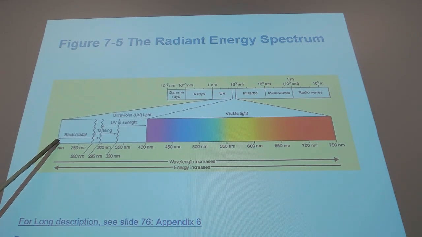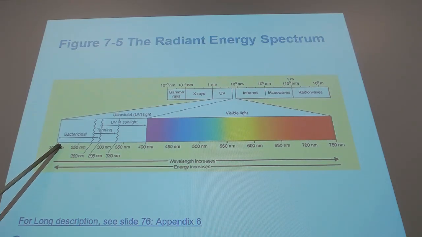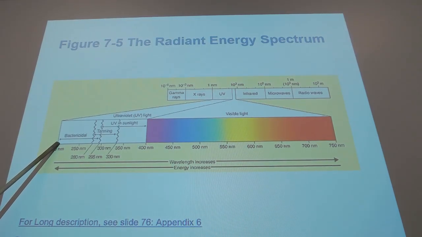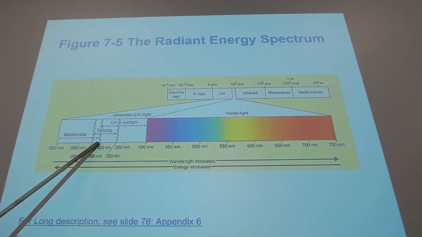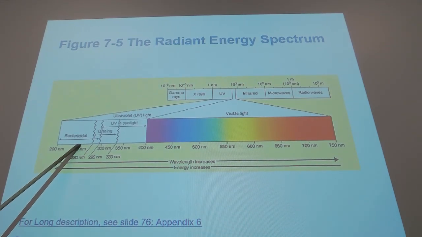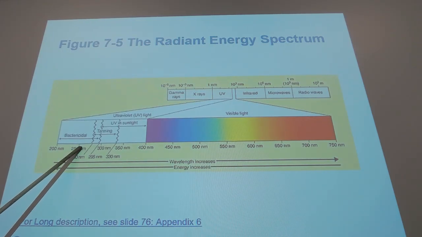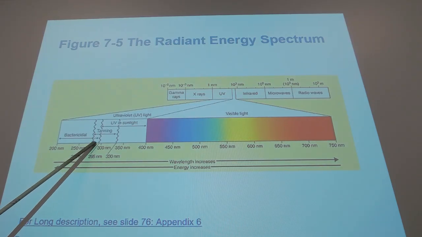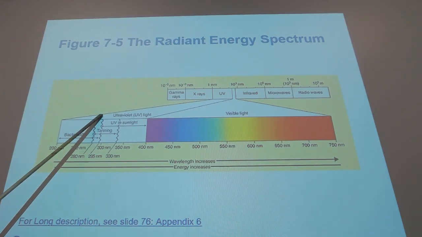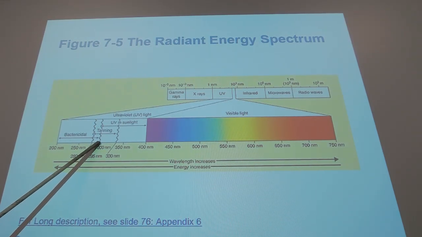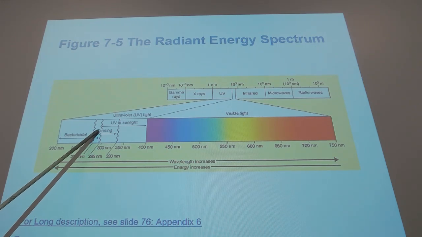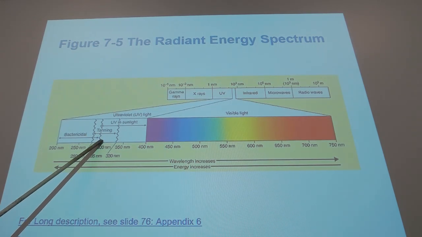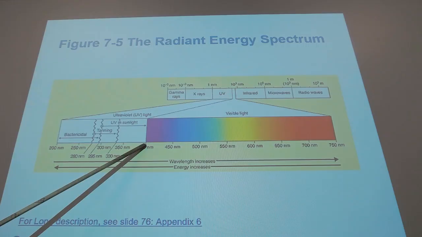And then the spectrum to be bactericidal will have to be the wavelength between 200 up to 295. Typically, the UVC lamps are 260 nanometers. And then we have tanning, which is between 280 and 330. And the UV light from our sunlight will be between 295 and 400.